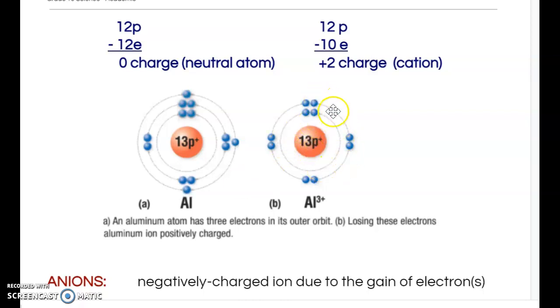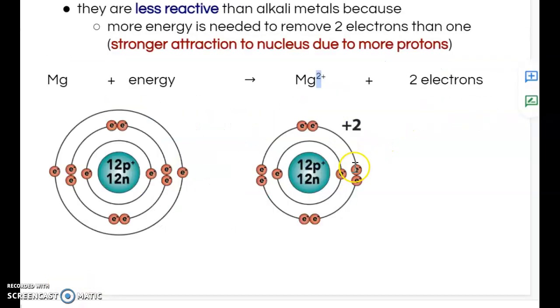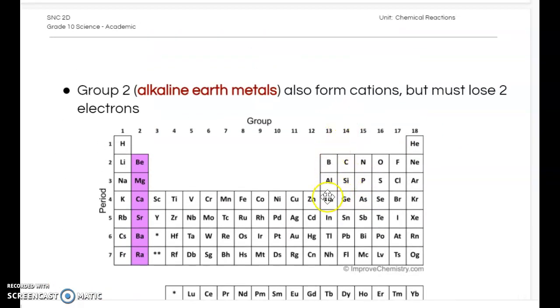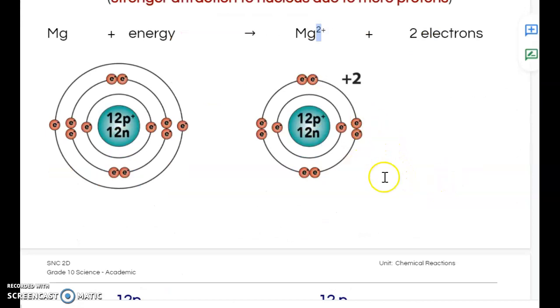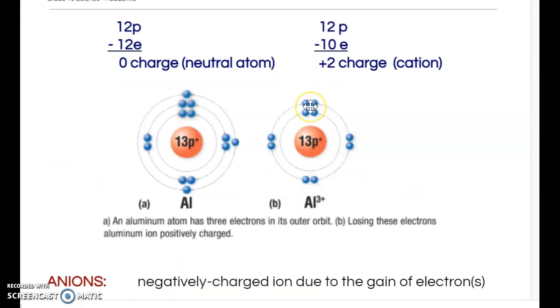So aluminum will actually get rid of 3 electrons. If you can picture where it is, aluminum is in group 13 right here, and it wants to look like argon. So aluminum will lose those 3 electrons. And if you do the same math, you lose 3 electrons, you become positive 3.